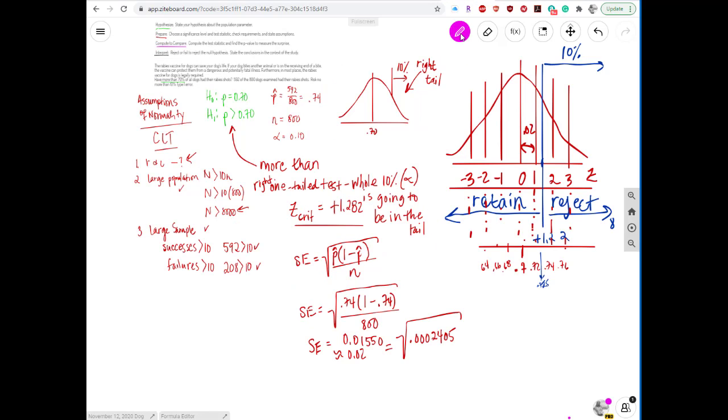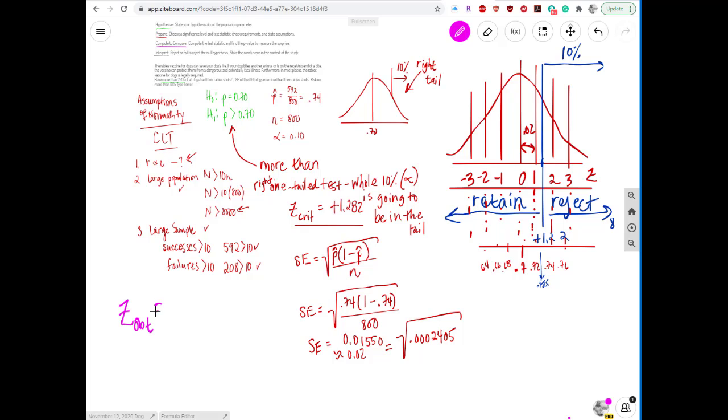So you know how I like all the colors to match. I've gone ahead and organized this a little bit since you last saw it in the prepare stage and made things approximately the same size. And we're going to go into the compute and compare part of the testing. We want to first find what our Z obtained is.